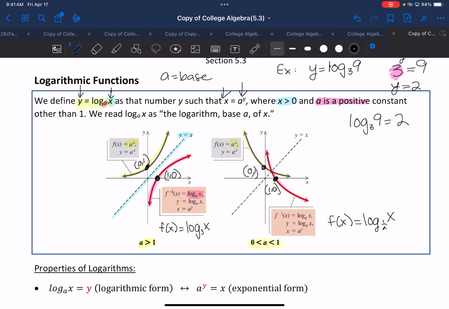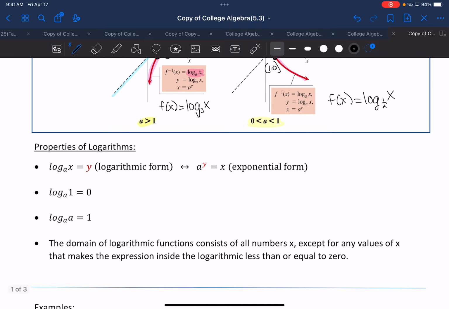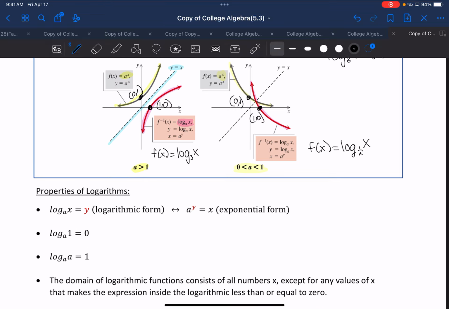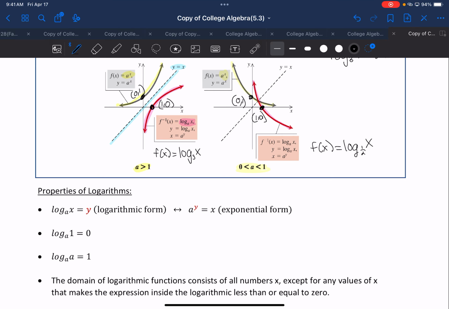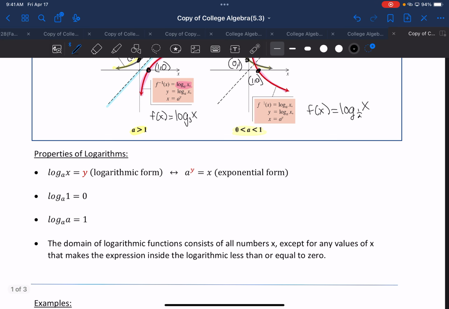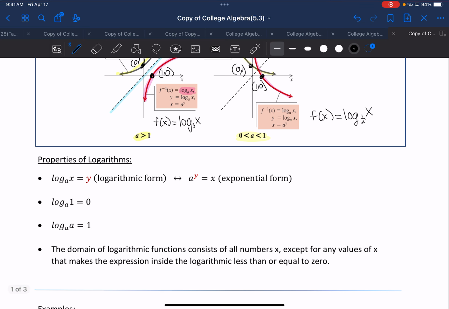Okay. So let's talk about some properties of these log functions. Again, I'm going to come back to their graphs and their properties a little bit later, but we are going to talk about some properties first. There are a lot of properties of logarithmic functions, and in section 5.3, I'm only going to really be going over half of them.